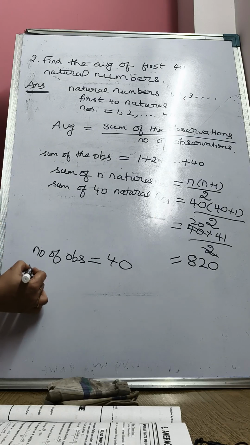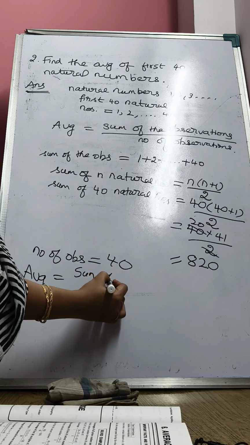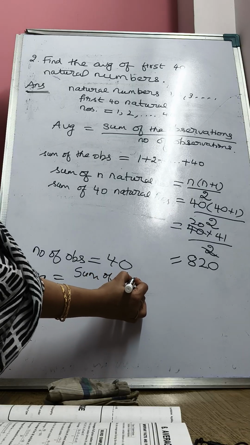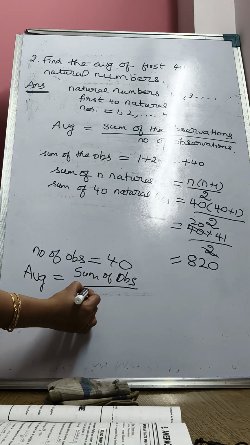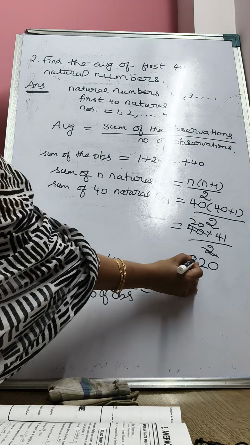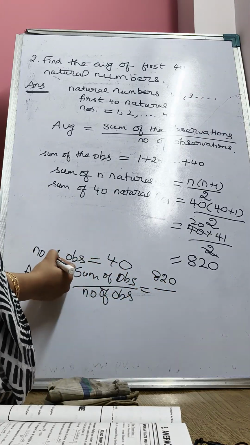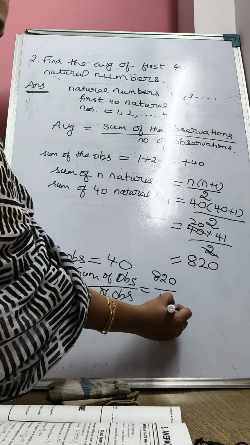Now let me apply in average. Now average is equal to sum of observations divided by number of observations. So the sum of observations I have found is 820, divided by number of observations, which is 40.